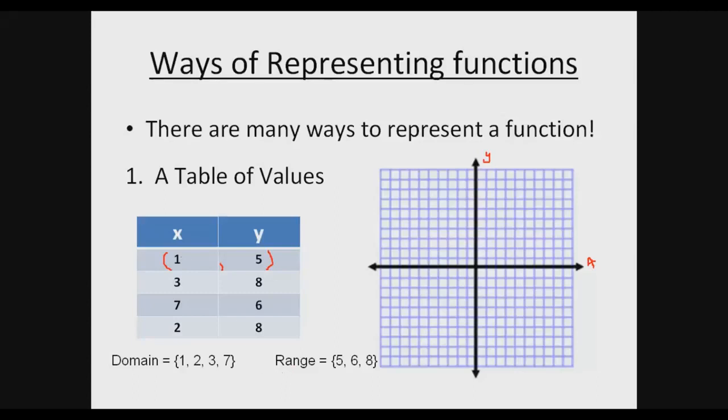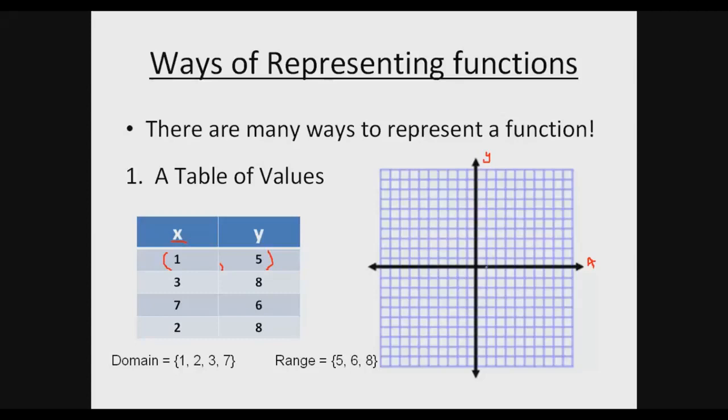If we look at the x values, which make up our domain, we've got 1, 2, 3, and 7. So for this, the domain is just that set of 1, 2, 3, and 7. The range of y values is 5, 6, and 8, and we only need to write 8 once, even though it appears twice here. So let's graph these points.